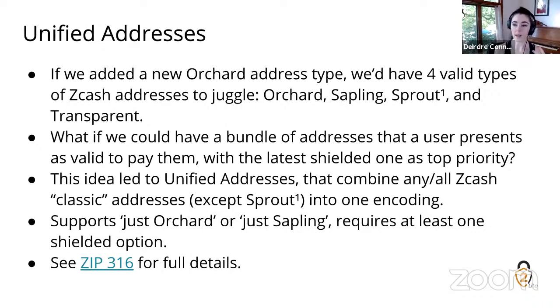Or you could just have a unified address that is just Orchard, or just Sapling, but not just Transparent. You have to have at least one shielded address as part of your unified address, because we think privacy is important and we want to encourage it.